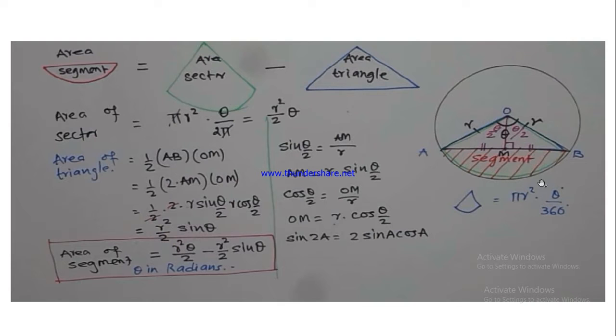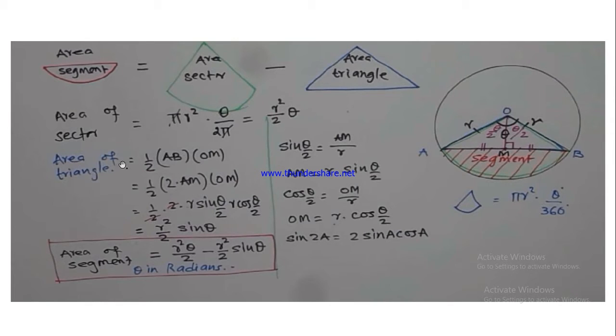When theta is in degrees, this formula becomes pi r square into theta degrees upon 360 degrees. Simplifying this expression, we get the area of the sector as r square by 2 into theta.